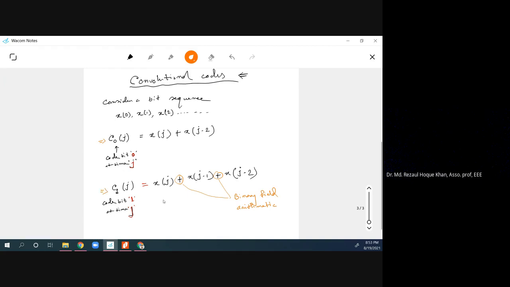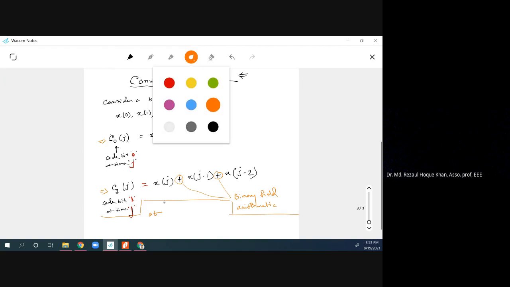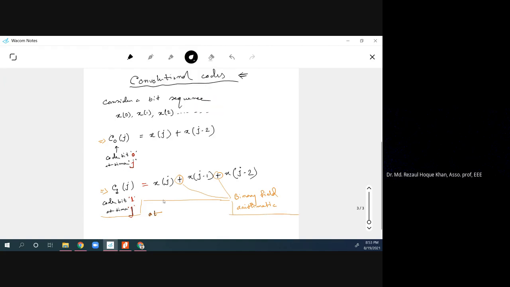So at each time instance j, 2 code bits are generated.